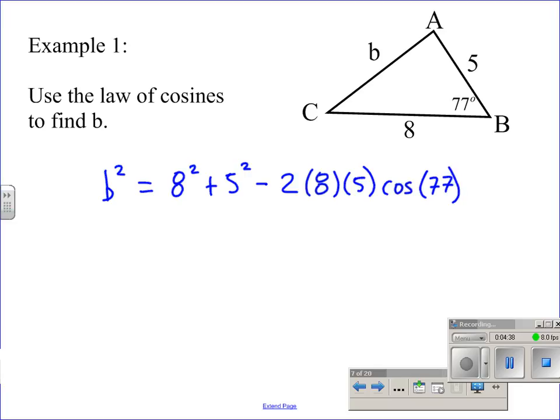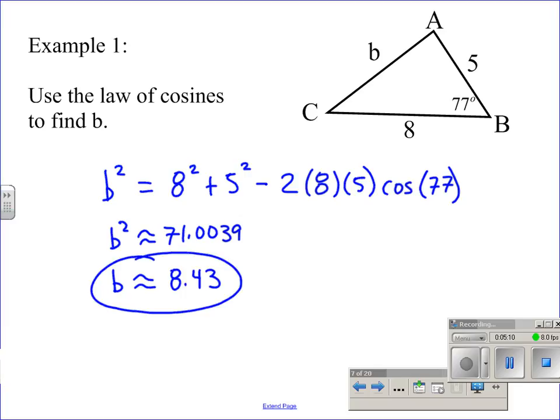We simplify that to find that b squared is approximately 71.0039. If you leave that in your calculator and raise it to the 1/2 power, or the 0.5 power, you're going to find that b is approximately 8.43.